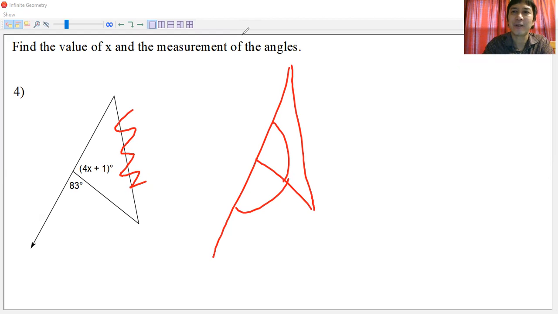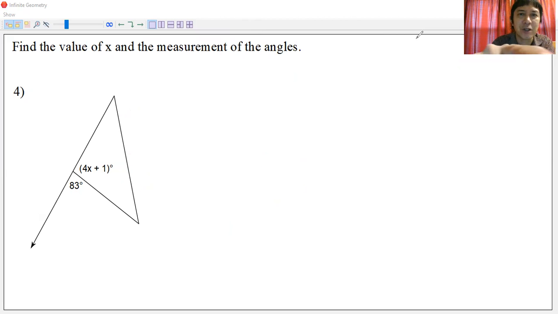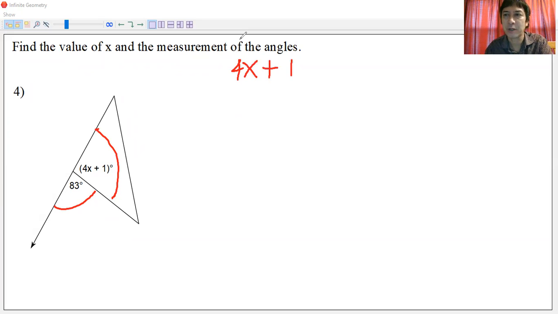So be ready for such problems in some diagrams. Let's remove these writings first, and we can set up the equation. This angle plus this angle means a total of 180. So we can set up the equation 4x plus 1, this expression represents the algebraic expression for that angle, and this will be added to 83 for a total of 180 for a linear pair.